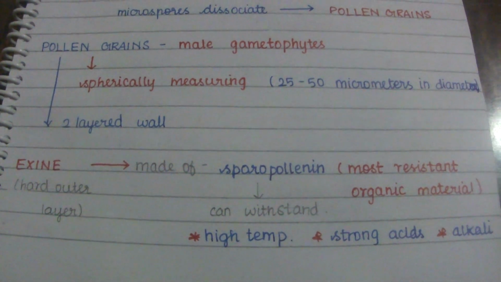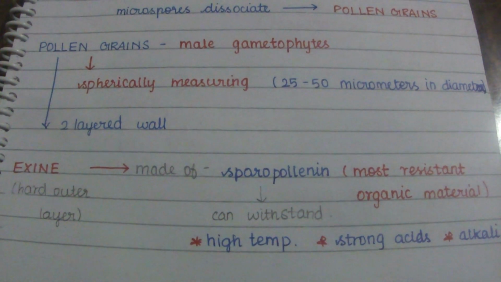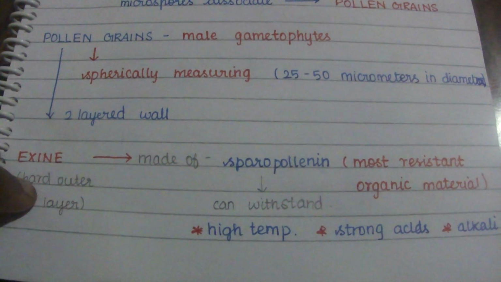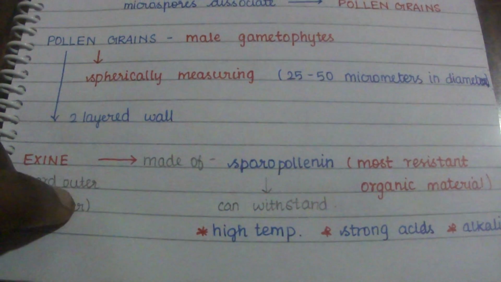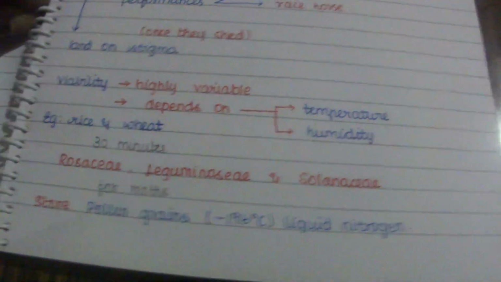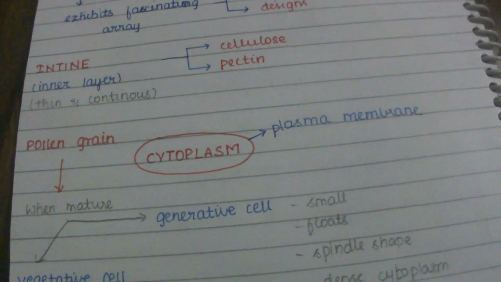No enzyme has been found that degrades sporopollenin. It can withstand high temperatures, strong acids and alkalis. By this protection, the pollen grains are kept safe.